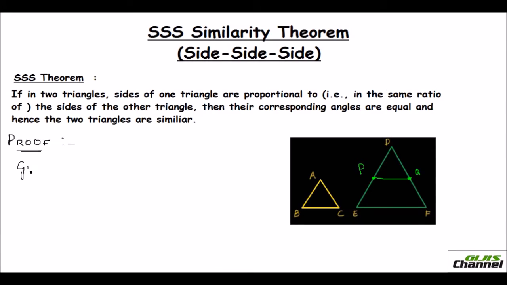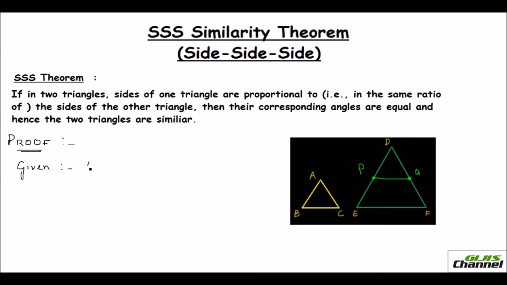Given that the sides are proportional, right? So you have two triangles here like ABC and DEF. Okay, the two triangles are ABC and the bigger triangle DEF. So they say the sides are proportional. So how can the sides be proportional?